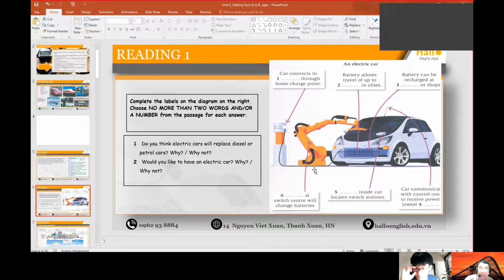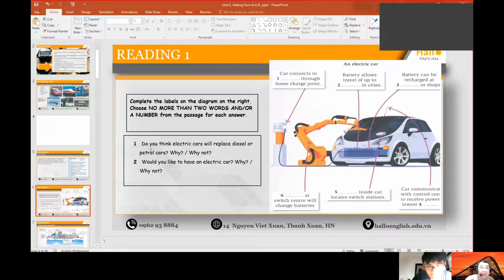But we cannot say charge point can be home, can be work, can be supermarkets. So either of the three, but that would be the charge point, wherein you can be able to charge batteries.